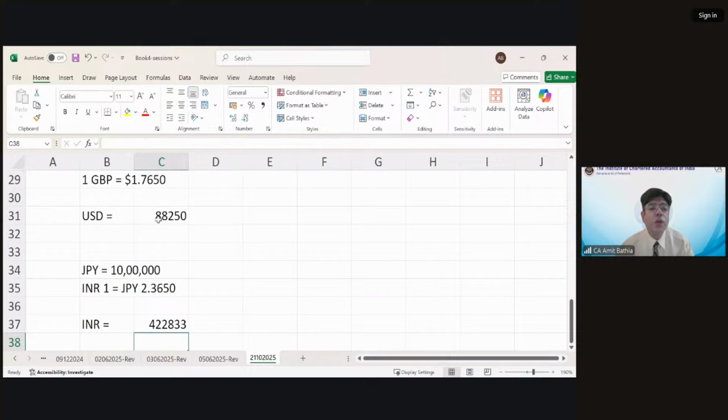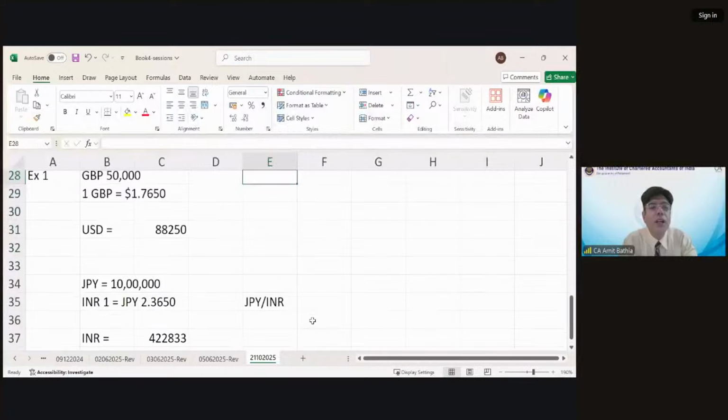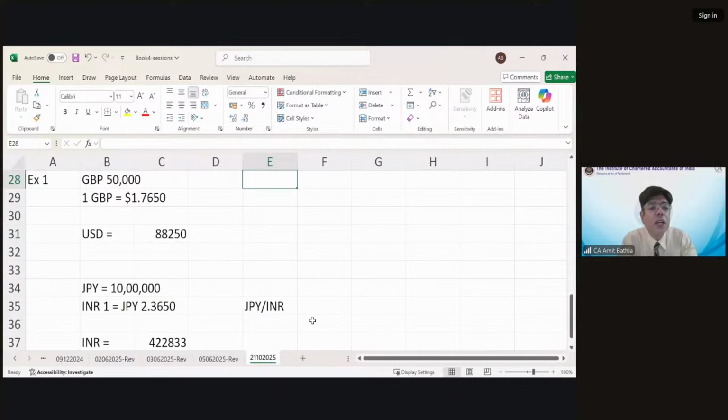What is the currency being quoted as when we are talking about INR to JPY? Here the currency is essentially quoted as JPY to INR, while earlier it was 1 GBP equal to dollars, so this was USD upon GBP.